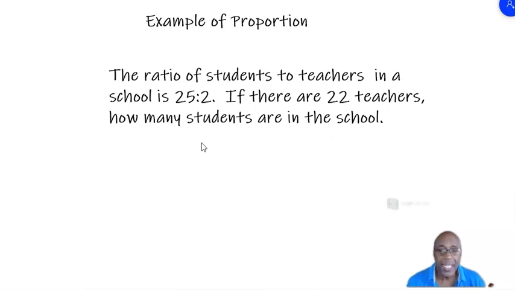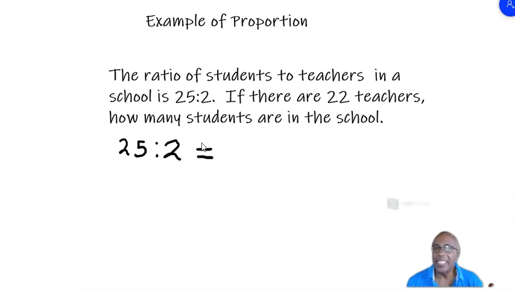And so this is where the second ratio comes in. Let me show it to you. The ratio of students to teachers is 25 to 2. There are 22 teachers in the school.